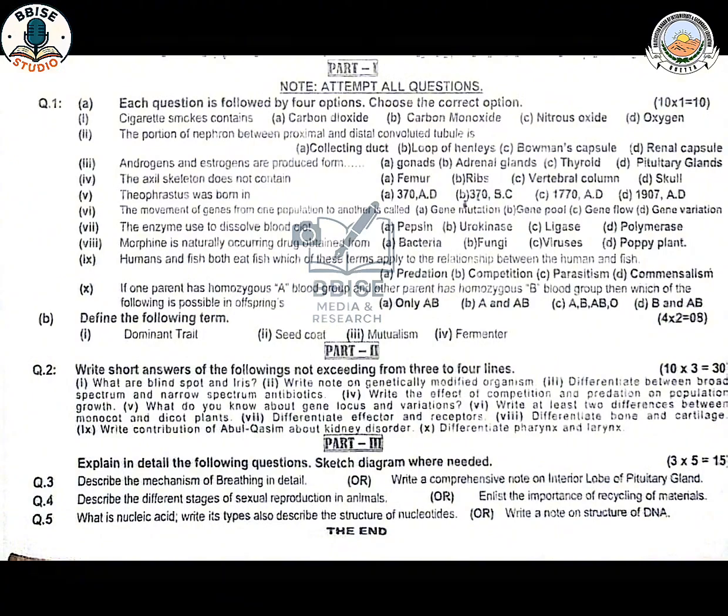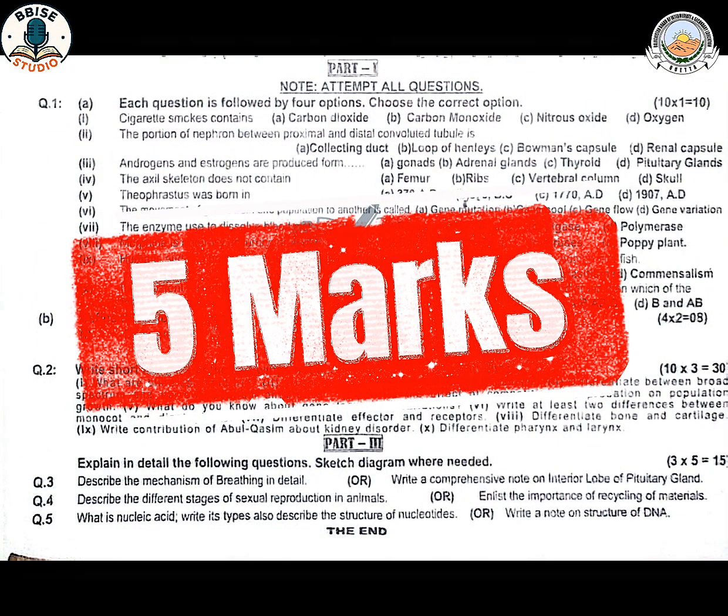These hormones include somatotrophic hormone, thyroid stimulating hormone, adrenocorticotropic hormone, gonadotrophic hormones, and prolactin hormone. By covering each of these hormones under separate headings and providing a brief explanation of each, we can cover the entire 5 marks.